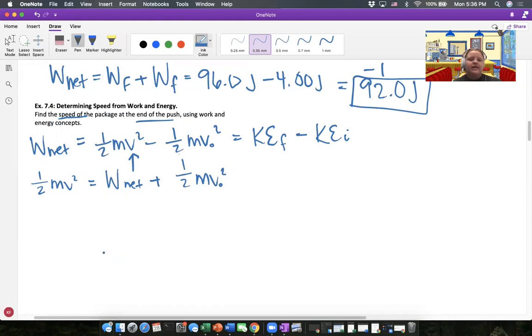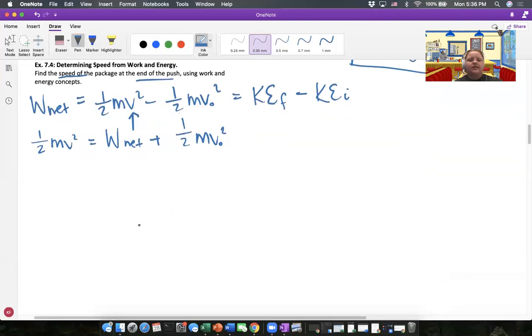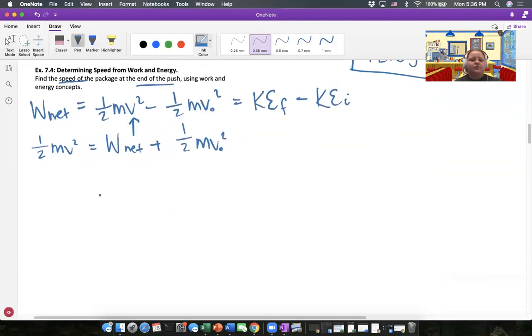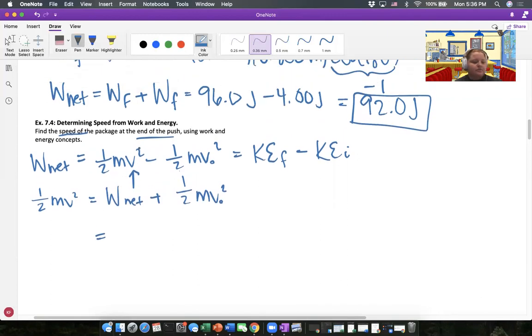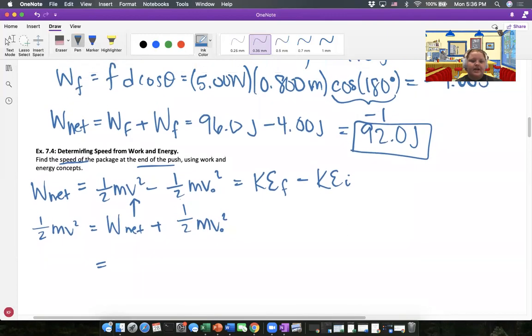I'm going to leave it in this form for a moment because it'll make it a little easier. I'm going to put in my net work, which I actually found before, in 7.3. I'm looking at the exact same setup.